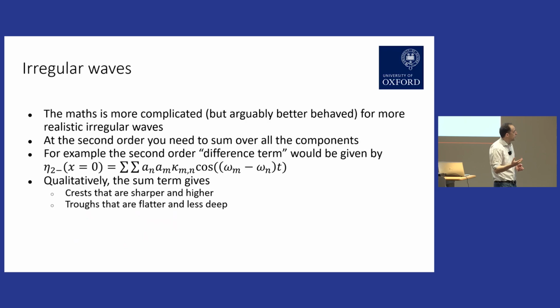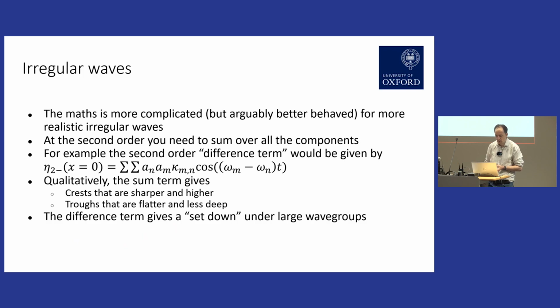But perhaps the important thing is that this gives us the same sort of qualitative behaviour that we saw before, that our crests become a bit sharper and higher, and our troughs become flatter and less deep, and that's really driven by what I would call the sum term, so the interaction between positive frequencies. So essentially this interaction only with a plus there, so that's very much like those waves we were seeing before.